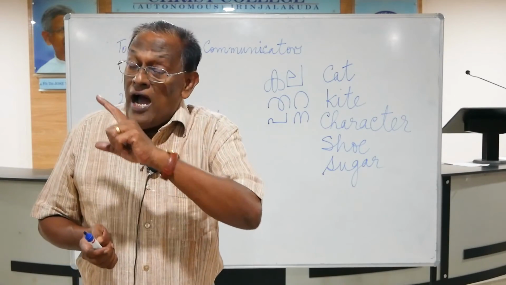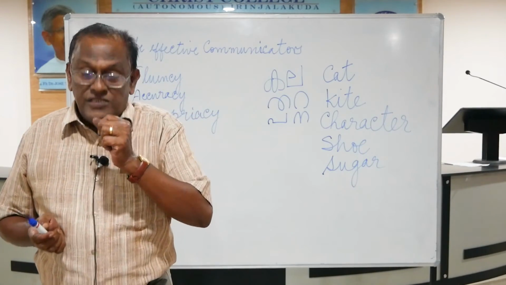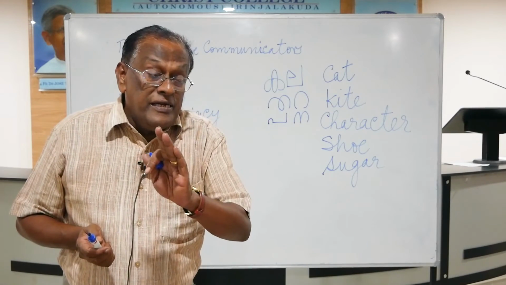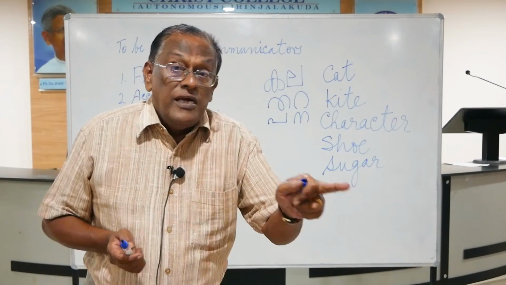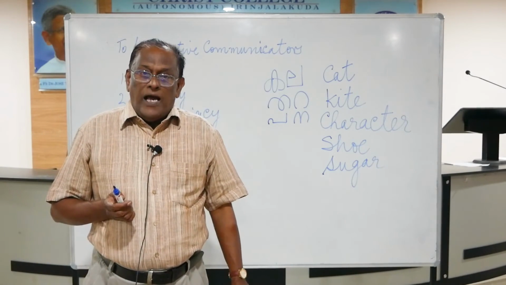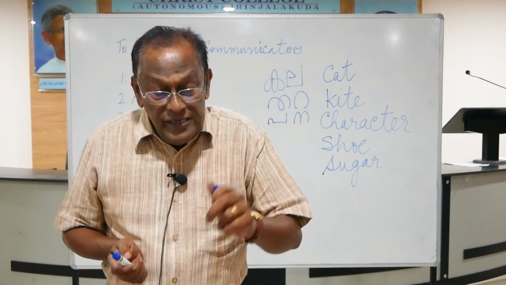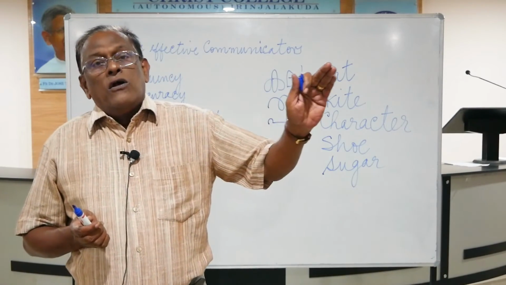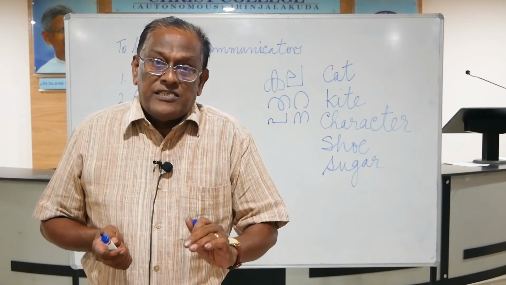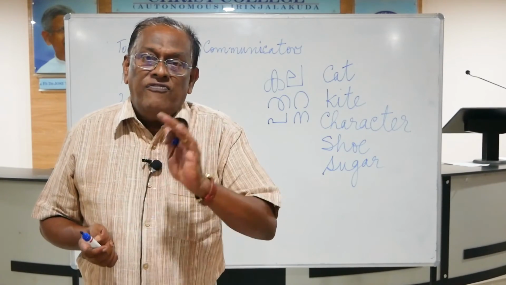English is an unphonetic language because there is no one-to-one correspondence between the alphabet we use and the sound produced by it. I hope you understand why Malayalam is called a phonetic language and why English is called an unphonetic language.